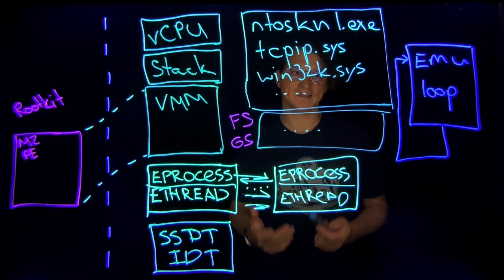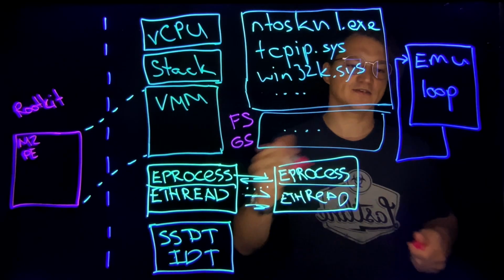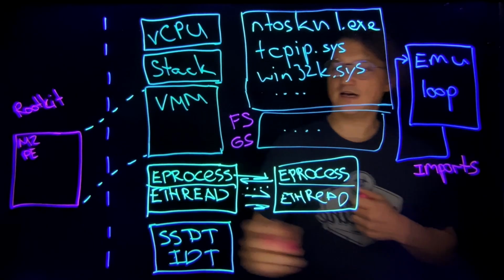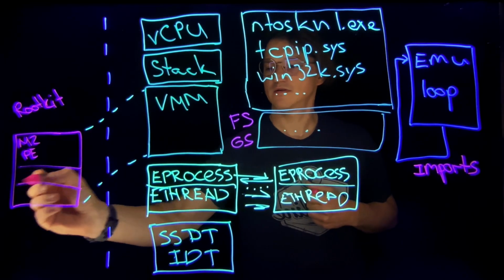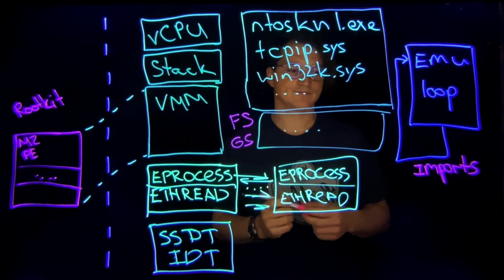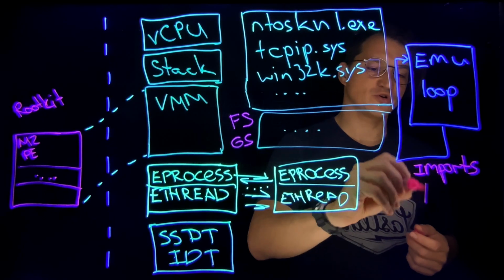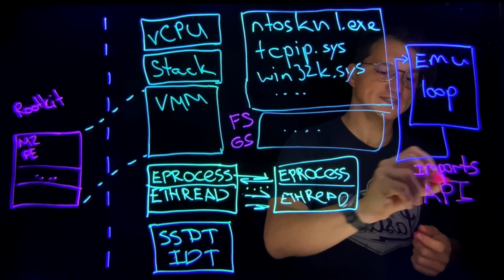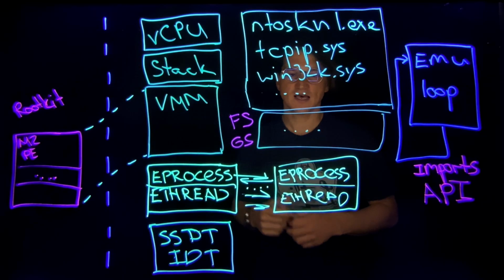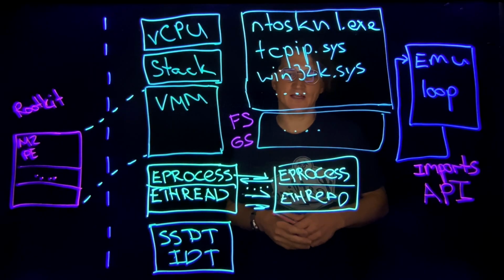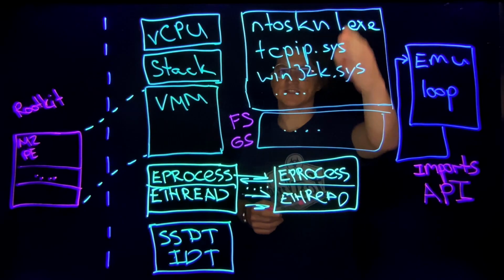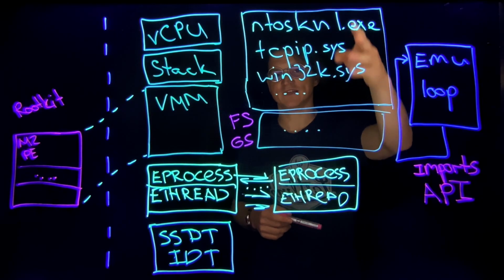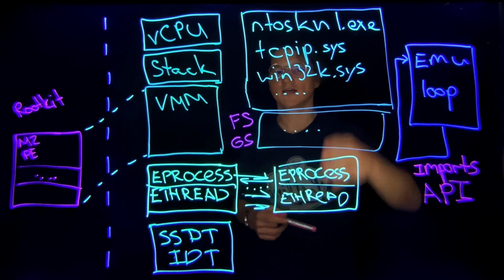Of course, it now also needs to support the import table of the driver, right? So it supports kernel level APIs, to be more precise. Imports and APIs, but it actually happens in a very similar way. If the driver has a call, or for example searches inside these modules and tries to find an exported function which it wants to call, it's the same idea.